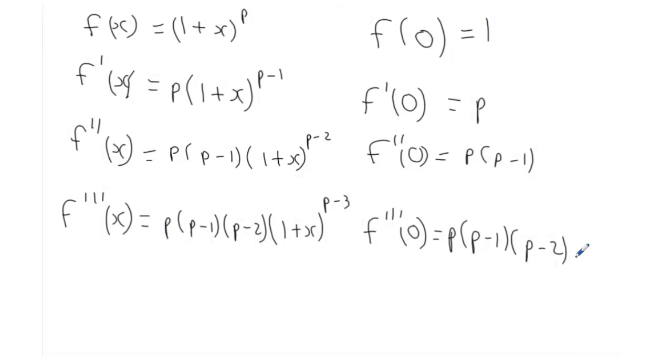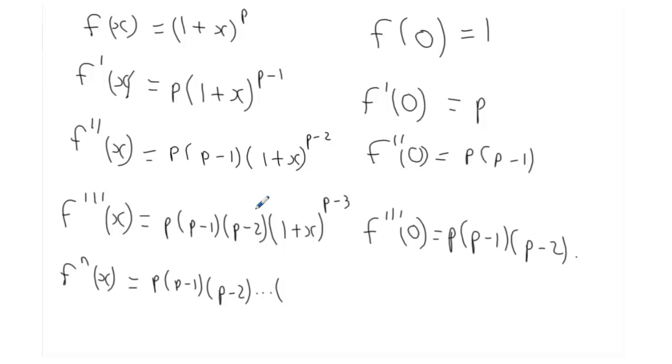So the nth derivative of f of x, well, you've got all these p's being multiplied together. So you're going to have p times (p minus 1) times (p minus 2) and so on, all the way up to, now you've got to decide where it goes to. Well, it's always 1 less than n, isn't it? Because for the third derivative, we went up to p minus 2.